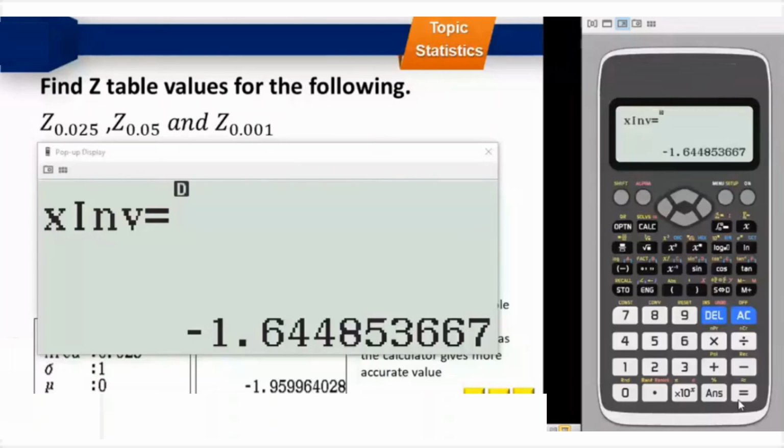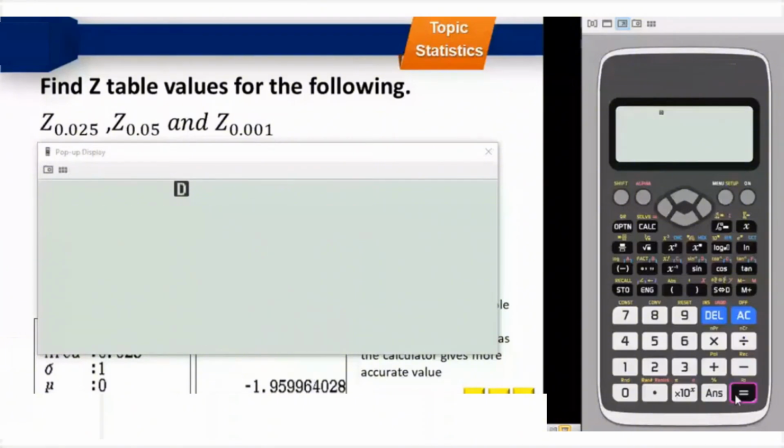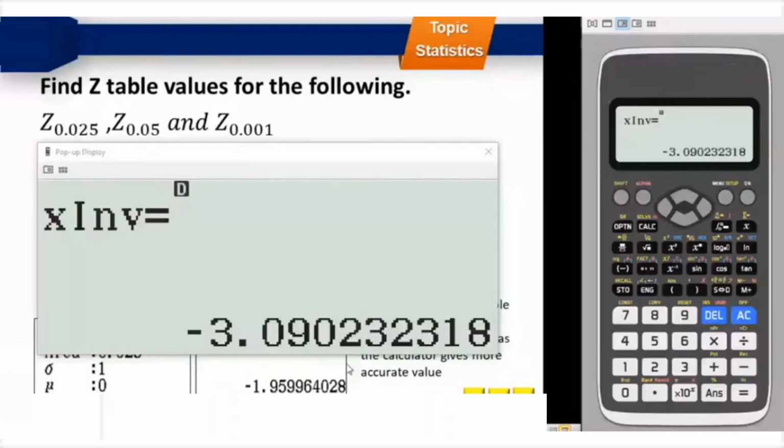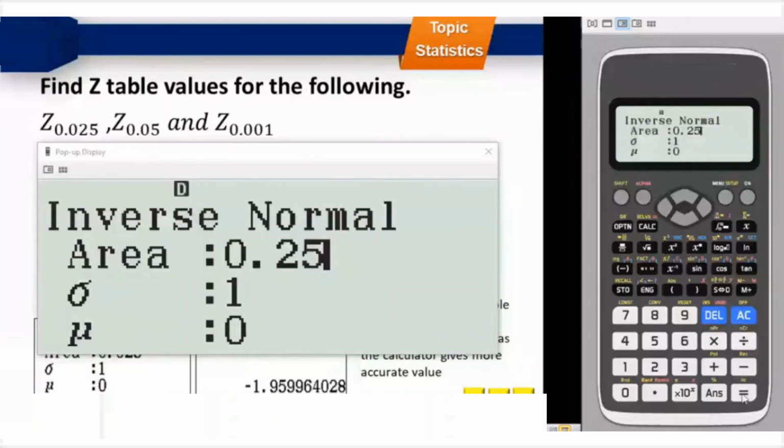Similarly, if I press equals to again, I'll change the area to 0.001. I will press equals to and my answer is minus 3.09023. If on the other hand, let's say I press area as 0.25 and I press equals to, I will get a particular answer.